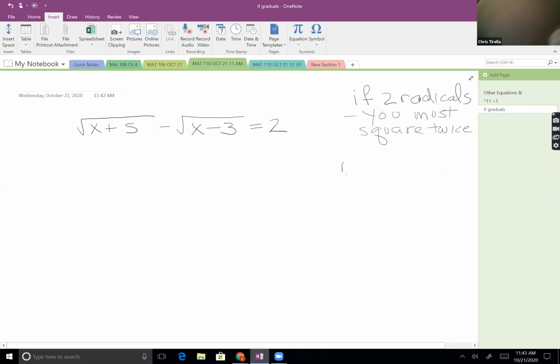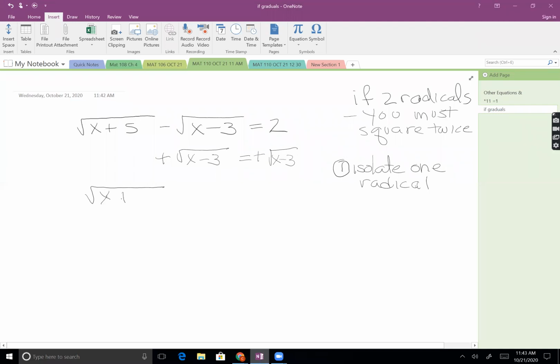And so with these, if you have two radicals, what you want to do first is just isolate one of the radicals. We want to get one of them alone. So here, because the first one's positive, I'm going to get that alone. And so I'm going to add the other radical to both sides. And it gives me the square root of x plus 5 equals the square root of x minus 3 plus 2.